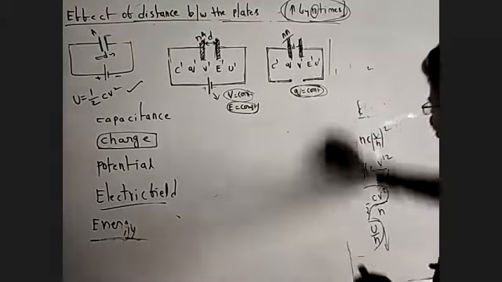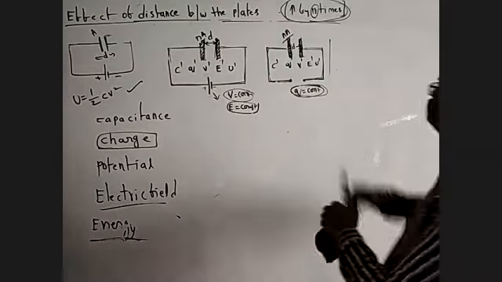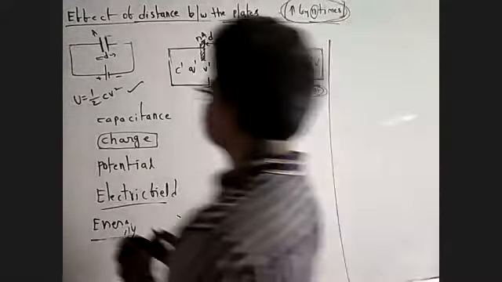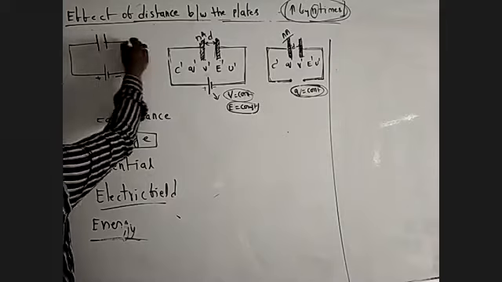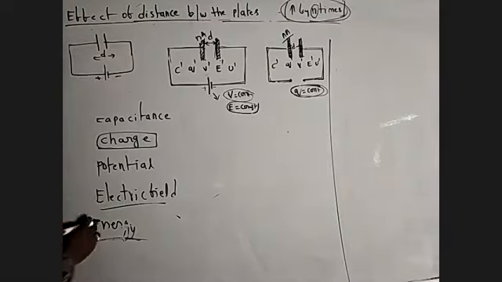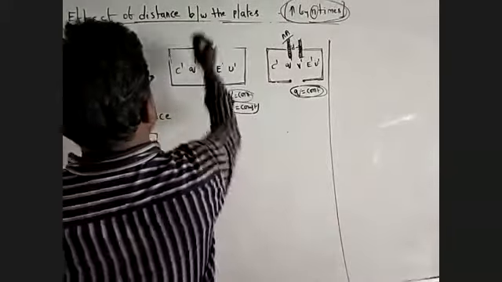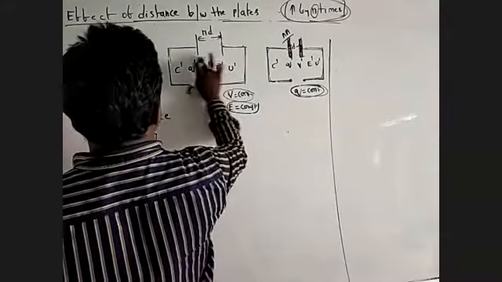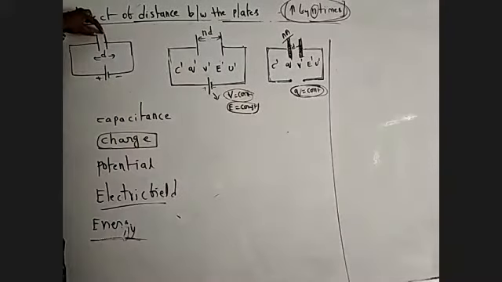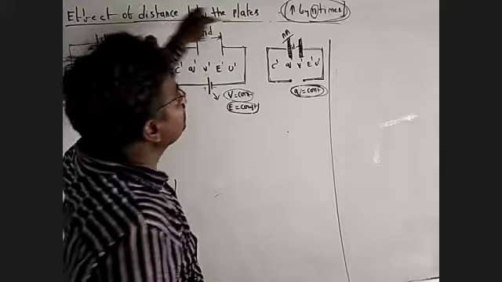Okay, now we take the plates. The distance between the plates increases. We can check it. Here, the distance between the two plates is d. Here, the distance between the two plates is increased n times.